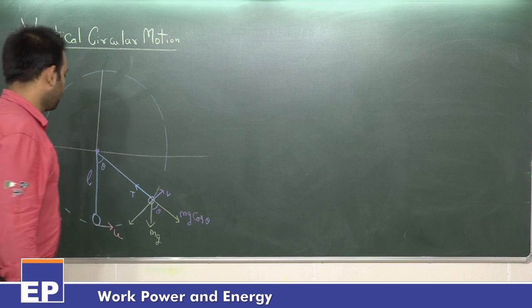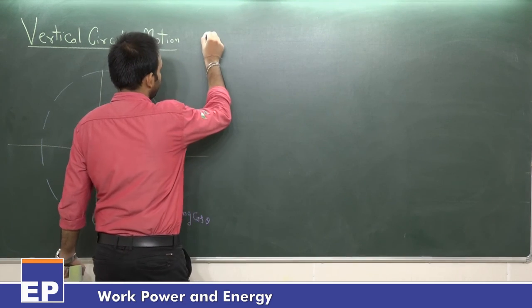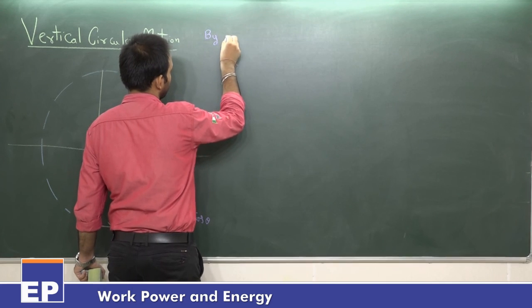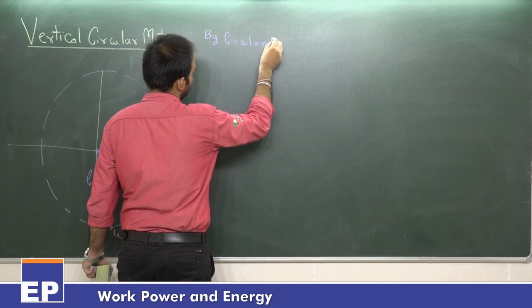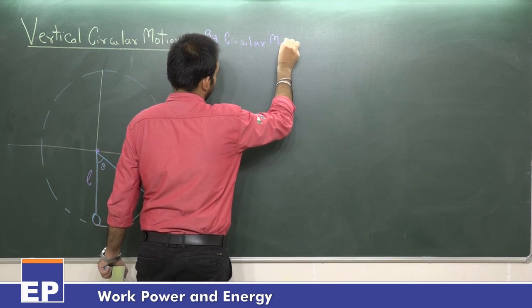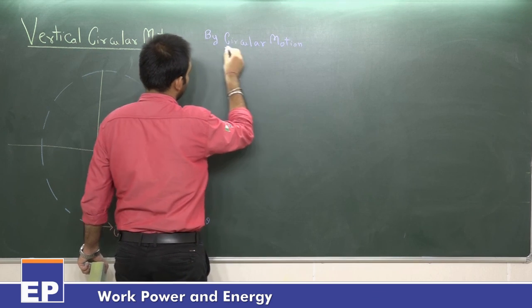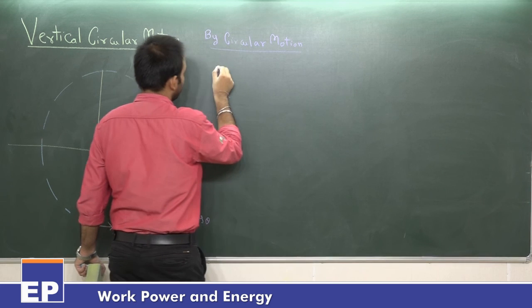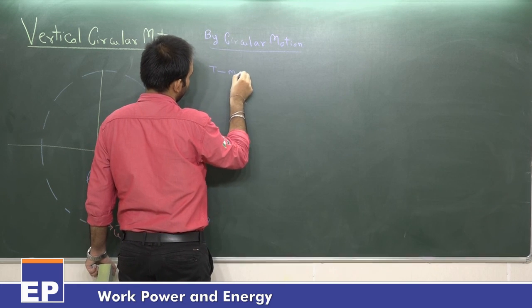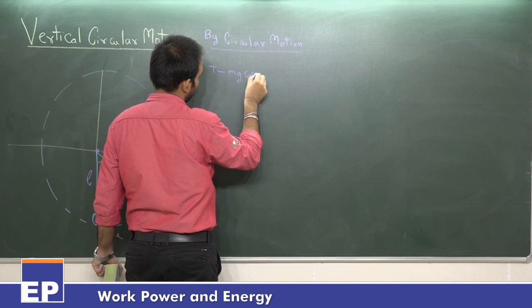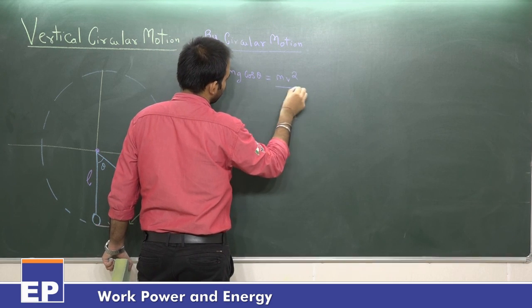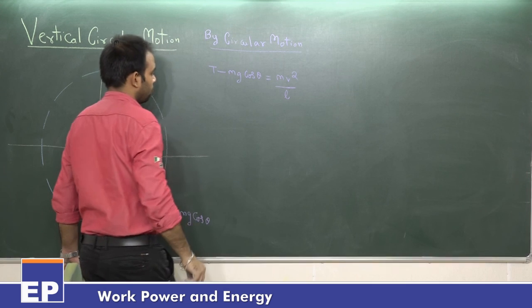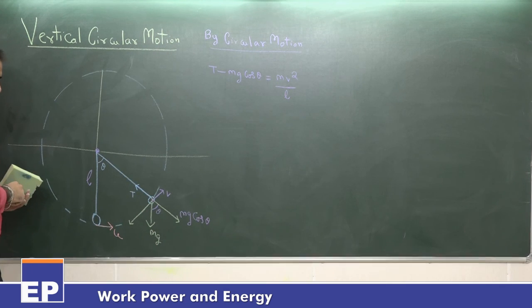So we can write one thing by circular motion: T minus mg cos theta is mv square by L. This is your first thing.